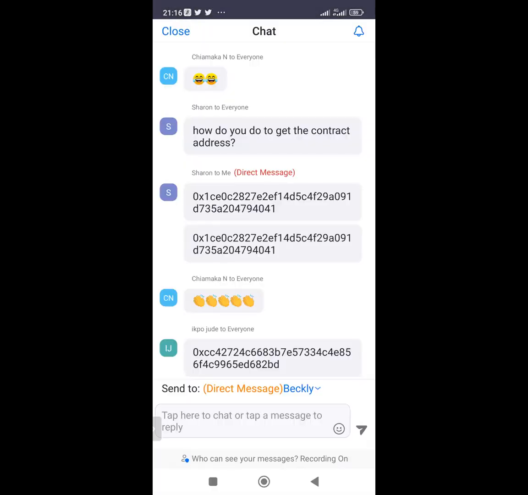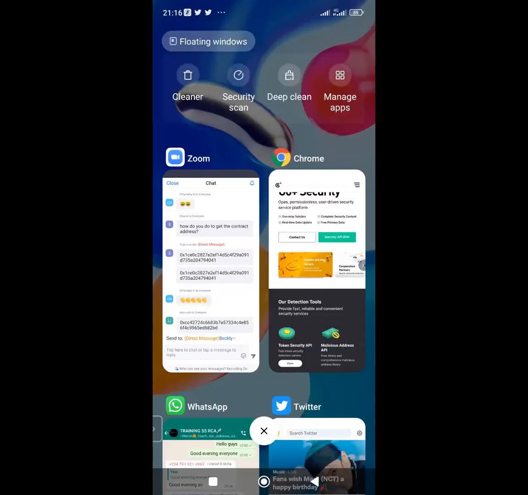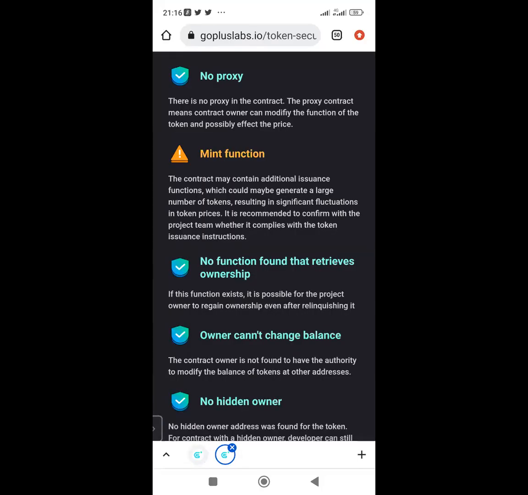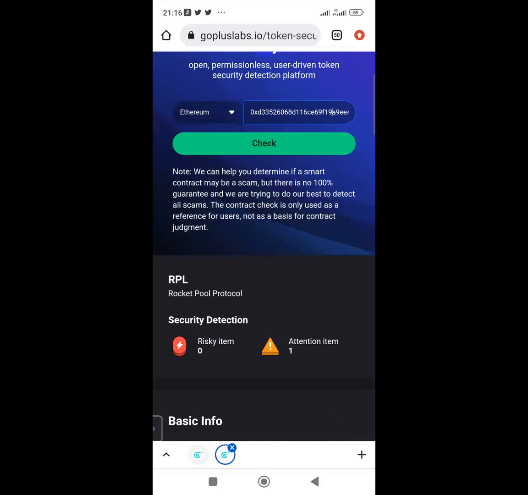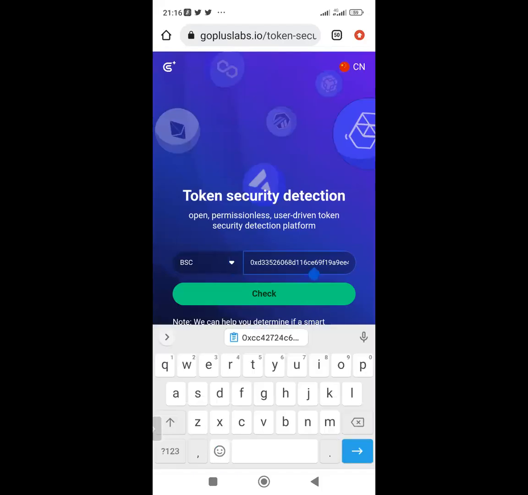On which blockchain, Ethereum or BSC? BSC. Okay, let's go to BSC. But we have other blockchains too, like Arbitrum, Avalanche, Phantom, Cronos, all that. They are all covered. Cronos is Crypto.com's blockchain.